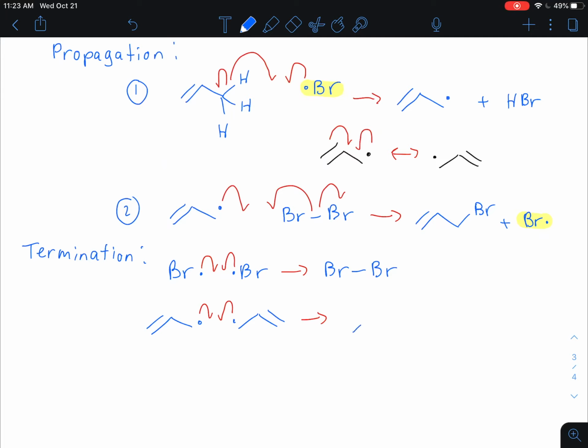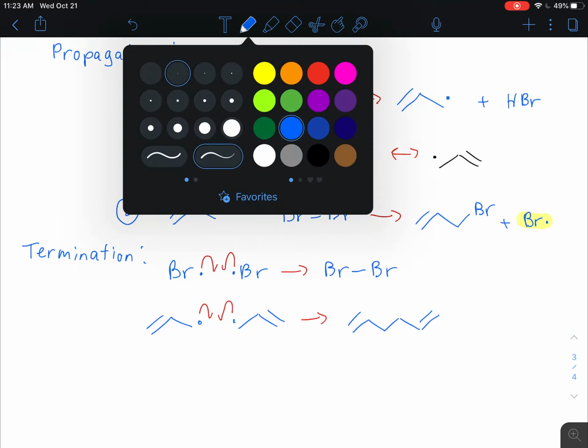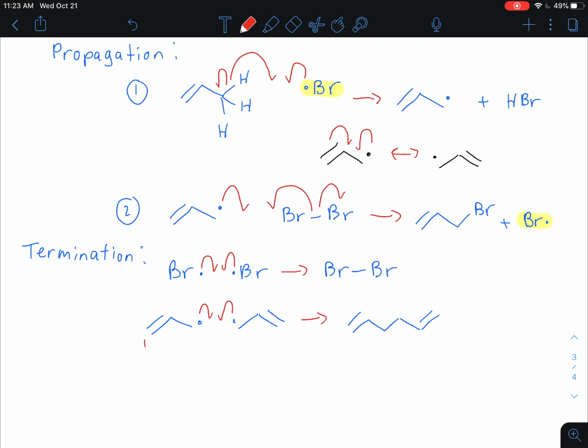Let's see, how would this look? Like that. Let me number these carbons just to be clearer here. It should be a 6-carbon product because we're combining 2 3-carbon chains. So 1, 2, 3, 4, 5, 6. So that new bond, I'm not marking radicals, I'm just showing you the bond, would be between 3 and 4.